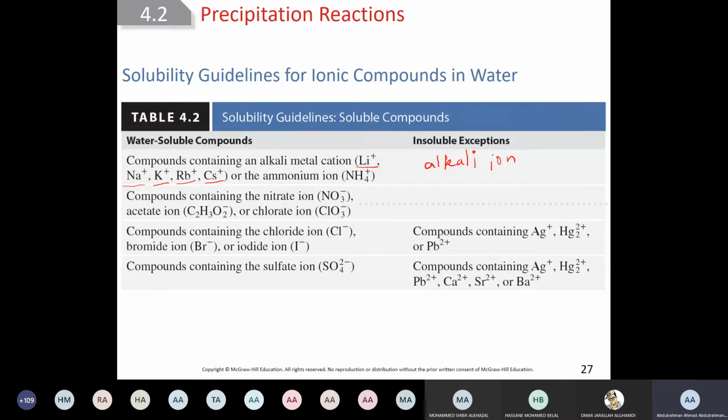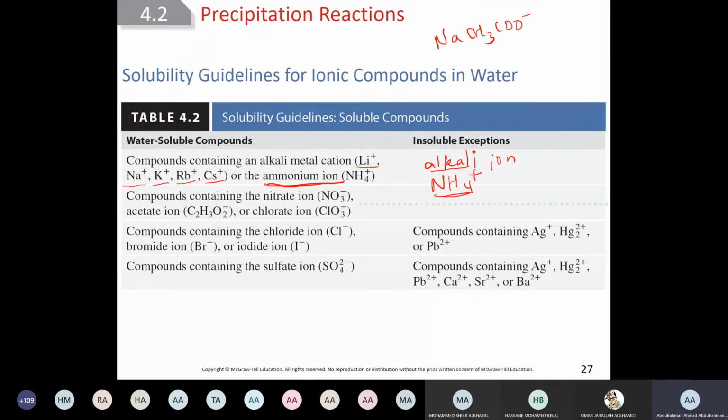Also NH4. So any compound that contains an alkali metal or the NH4 group, what's the name of this group? Ammonium. Ammonium ion will dissolve in water. Very simple question. Sodium CH3COO minus.